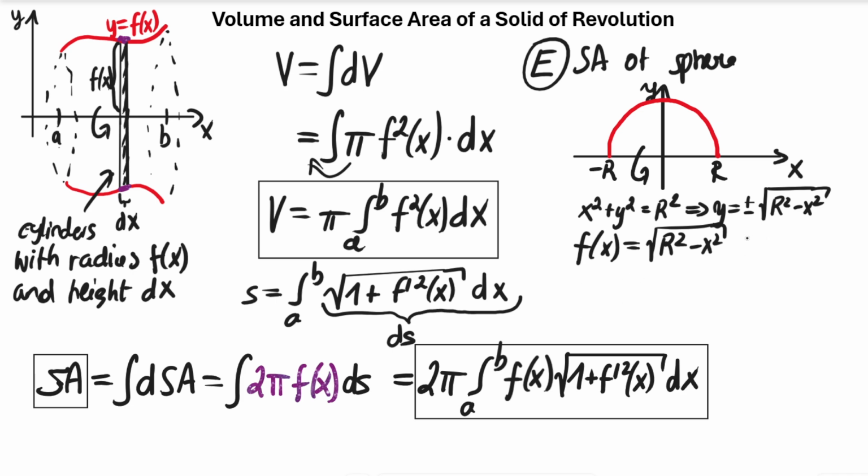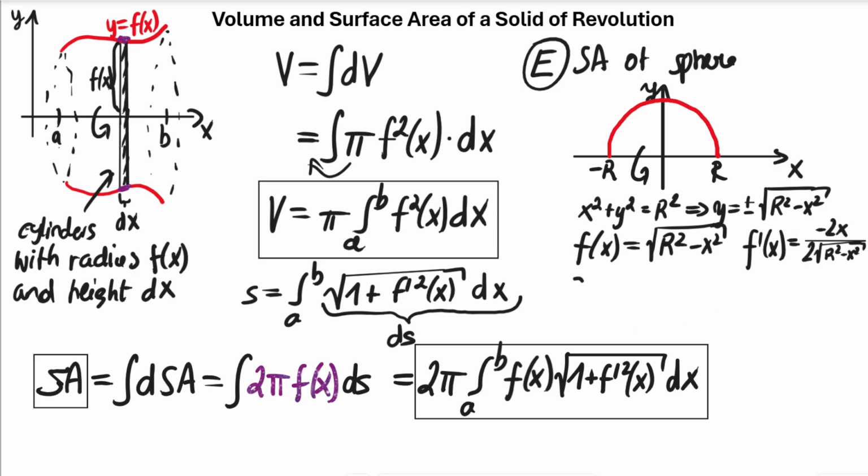So we compute the first derivative of the function. The square root derivative is 1 divided by 2 times the root expression, r squared minus x squared, times the inner derivative, which is minus 2 times x.